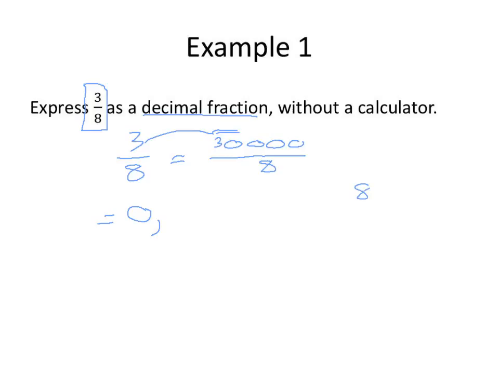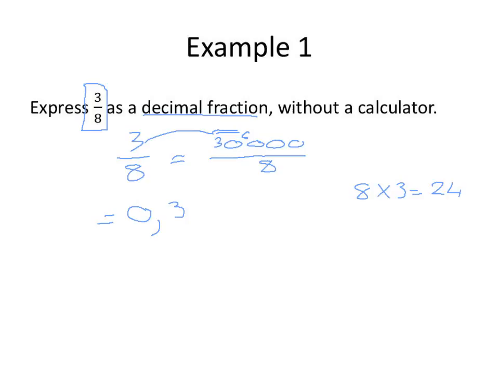Well, 8 times 3 is 24, so it goes in 3 times, with a remainder of 6. We write our next 0, and that now becomes 60.